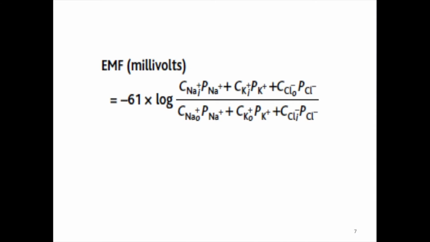This Goldman equation, or the Goldman-Hodgkin-Katz equation, gives the calculated membrane potential on the inside of the membrane when two univalent positive ions, sodium and potassium, and one univalent negative ion, chloride, are involved.